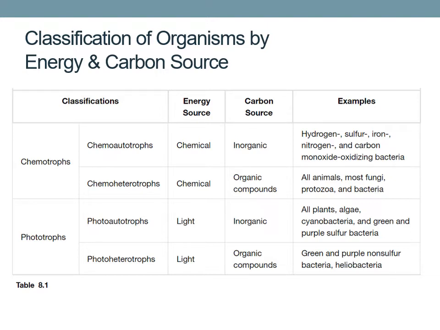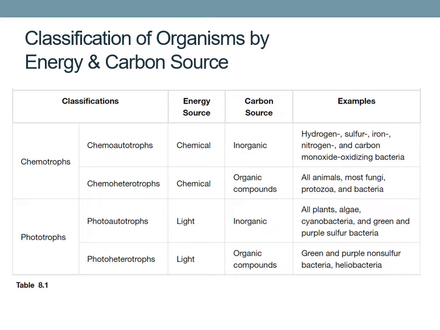Heterotrophs are organisms like us that get our carbon source from other organisms. We feed on autotrophs and we feed on other animals. So heterotroph means other. This is a good summary of the different categories and examples of the types of organisms in each.